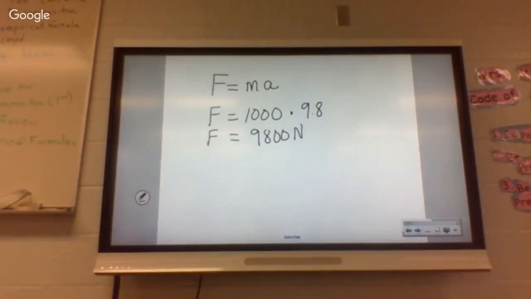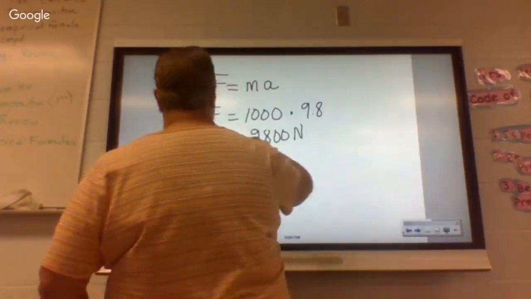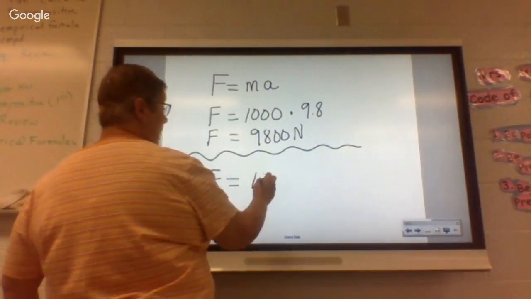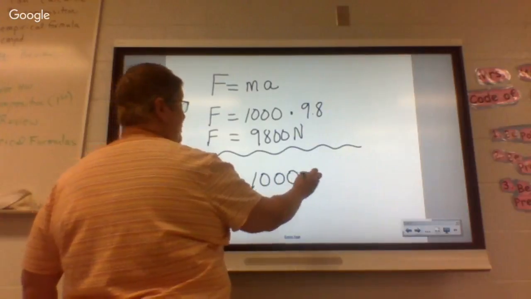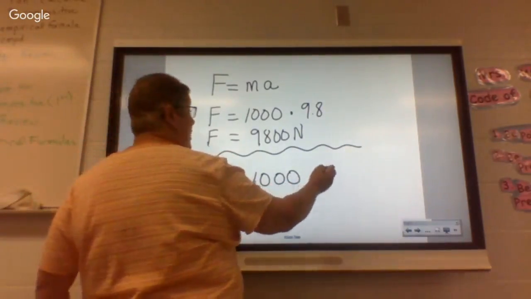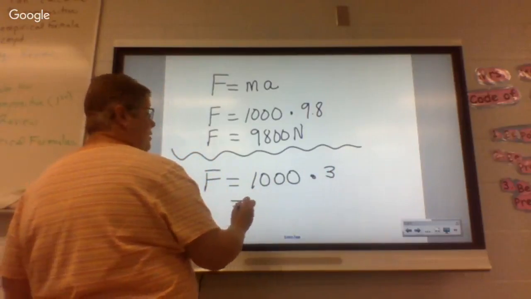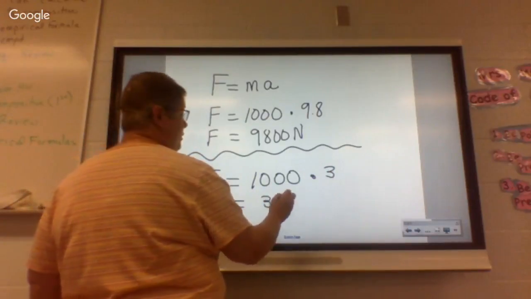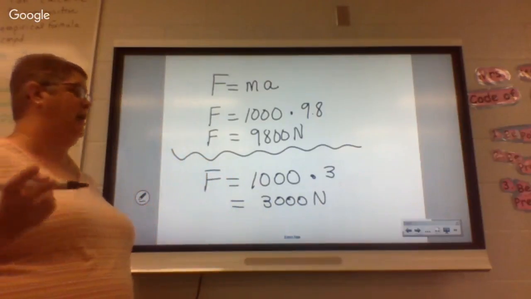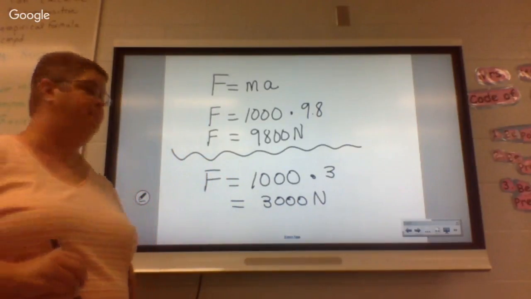Now, in B, you're using the same elevator, mass 1,000, and you're accelerating at what rate, Nishan? 3 meters per second squared. So you use 3 instead of the 9.8, and you get 3,000.